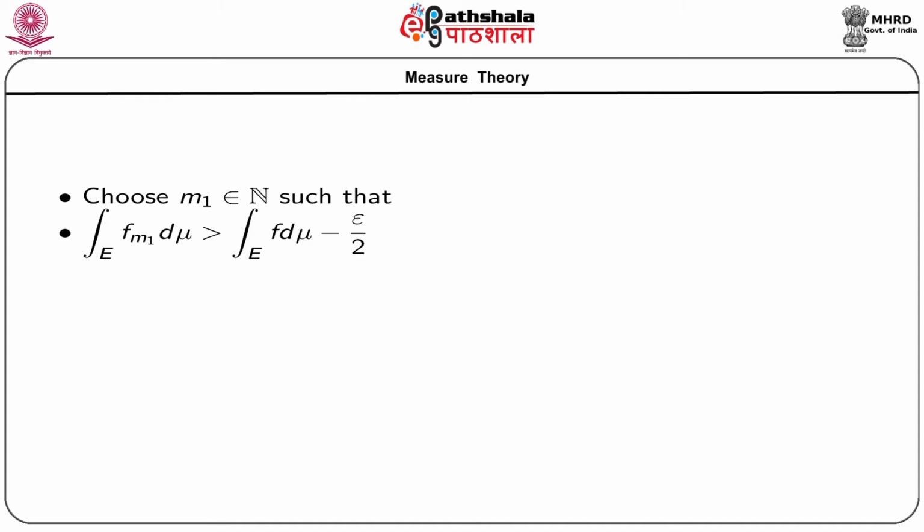So, from the definition of supremum we can get this relation, and this means that integral over E f minus f m 1 d mu is less than epsilon by 2.